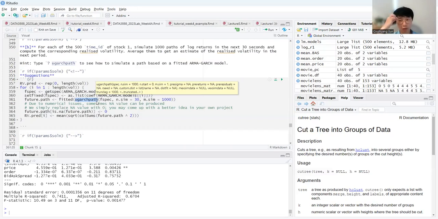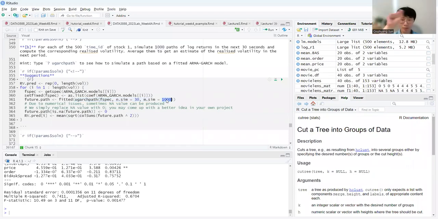Say we want to predict the realized volatility in the next 30 seconds. Then I say I want to simulate the log returns in the next 30 seconds, which is why n.sim equals 30 here. Because we use a simulation-based method, and simulation always contains some noise, to make this method more robust and accurate, I repeat this simulation 1,000 times.